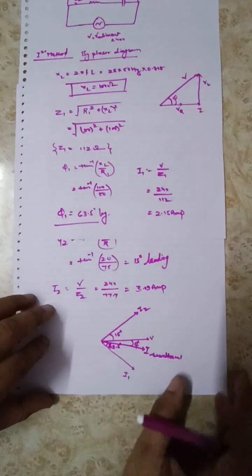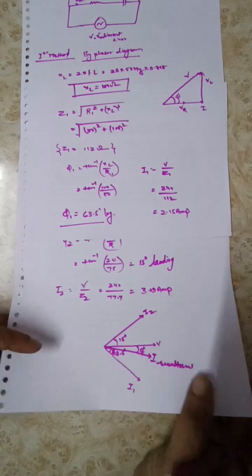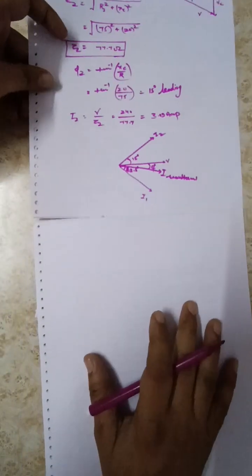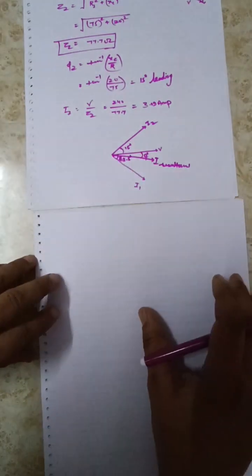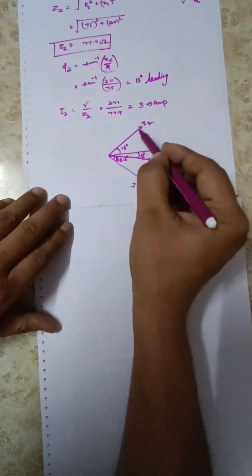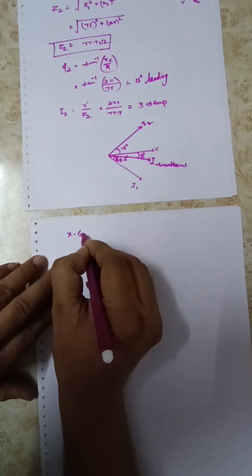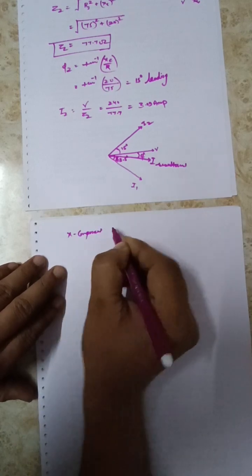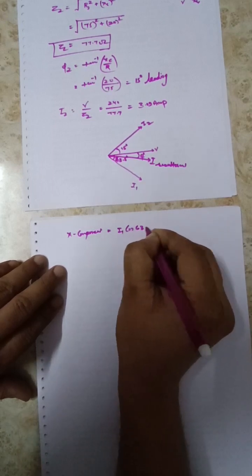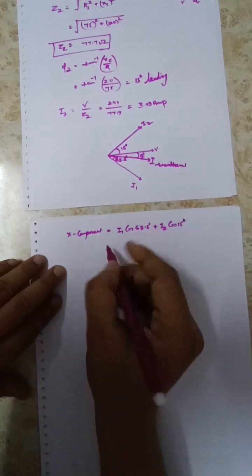So from this phasor diagram we can divide the current in components. So what will be the x component? Here from this phasor diagram we can divide. This will be I1 cos 63.5 degree plus I2 cos 15 degree. Let me write x component. X component will be equal to what? I1 cos 63.5 degree plus I2 cos 15 degree.